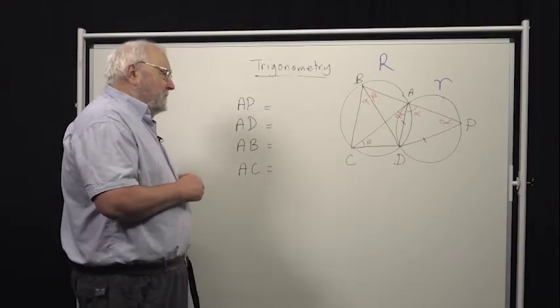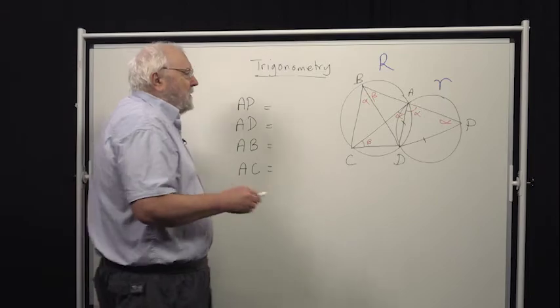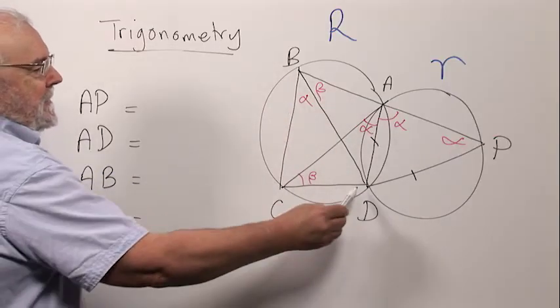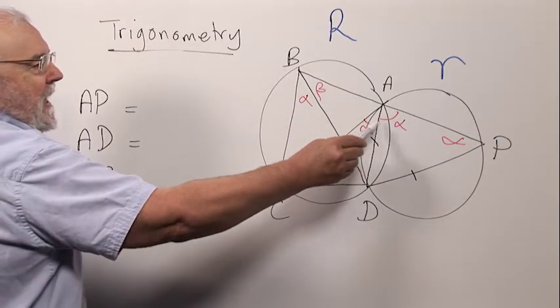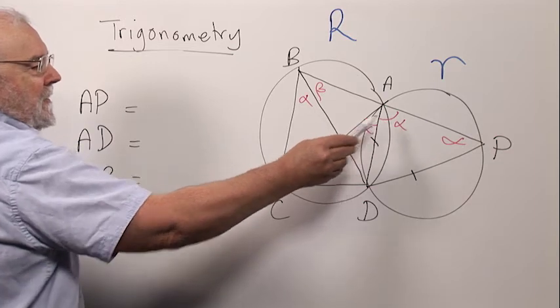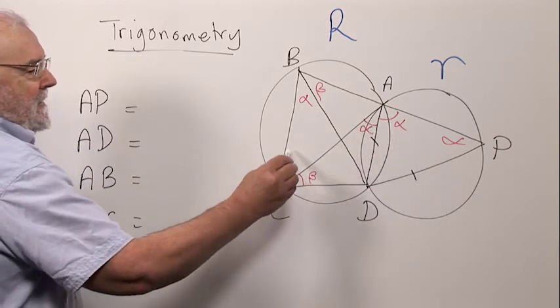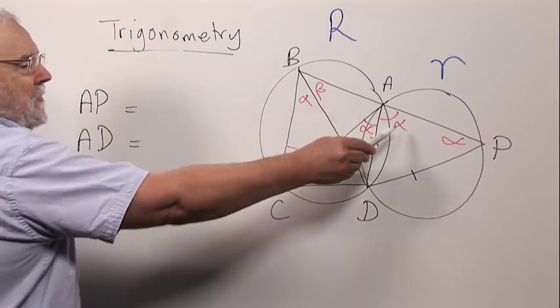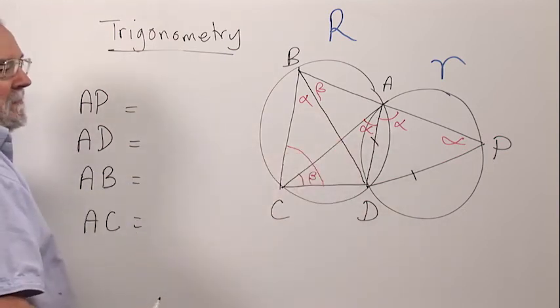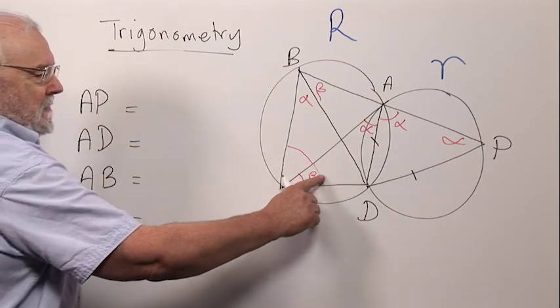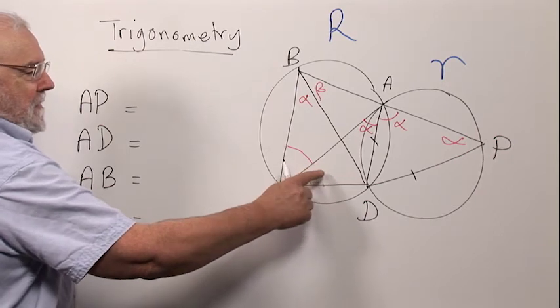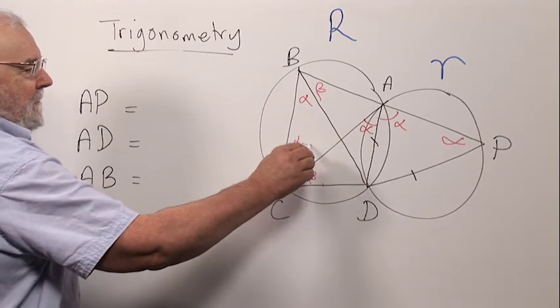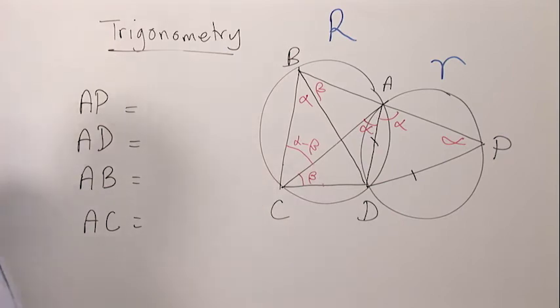And we've got something else which is quite interesting. We've got a cyclic quadrilateral, ABCD. And we've got an exterior angle to it. So this whole angle there will be equal to alpha. So if I subtract beta from it, I get the angle alpha minus beta there.